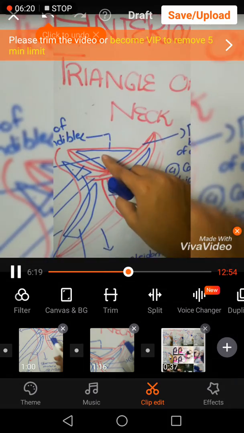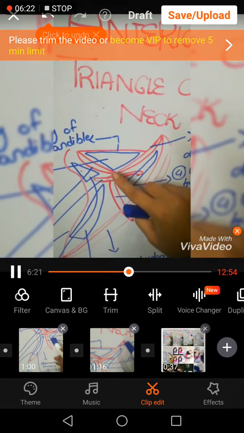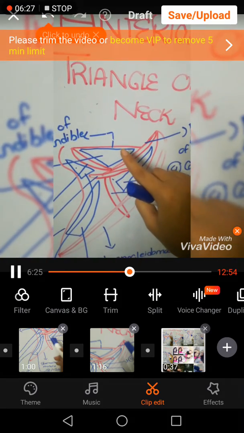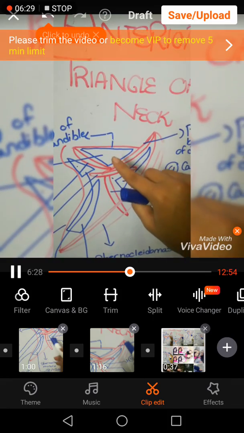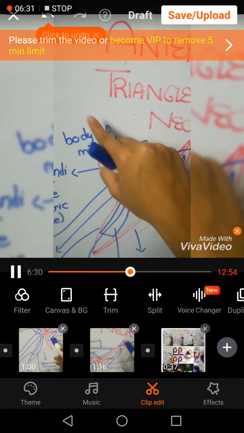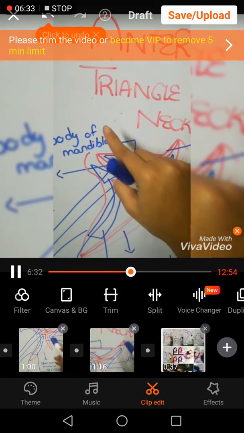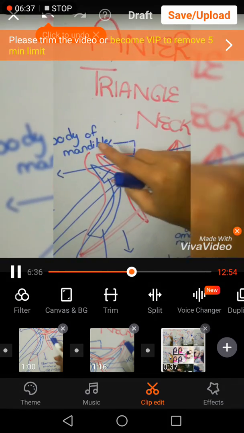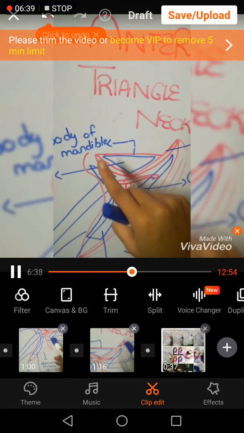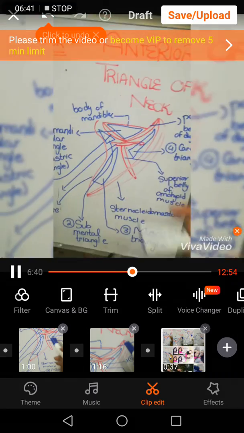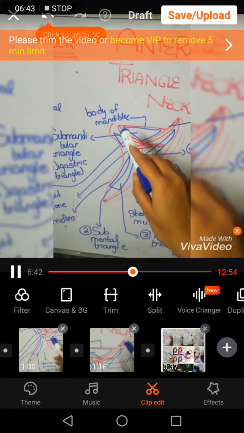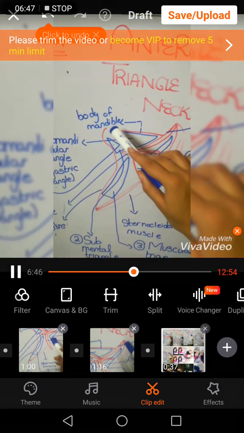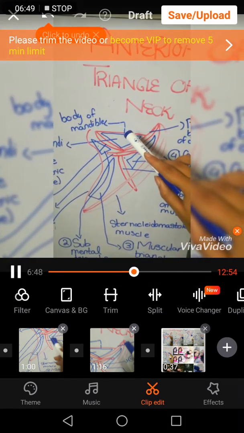You can see that above this triangle, which is drawn here with your blue mark, you can see this line of red color marker. That line which is present above it is called your body of the mandible. So the superior relation of the submandibular triangle or the digastric triangle is the body of the mandible.